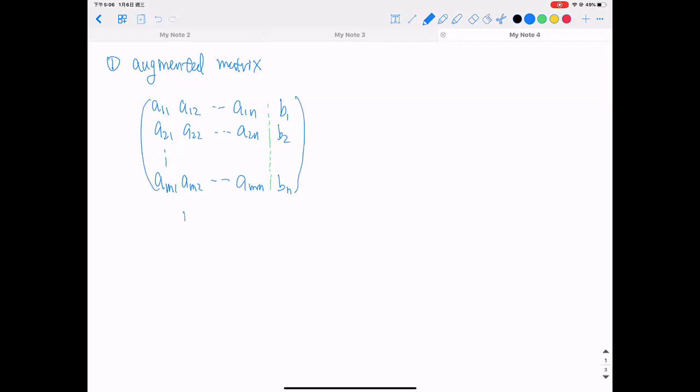Now this is of size m by n plus 1, because it has n plus 1 columns. And the other matrix we can introduce is the coefficient matrix.